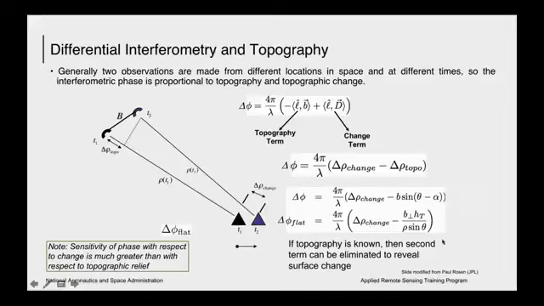And in general, we know what the topography is. So if we look at this equation down here, we can estimate, if we know what the height of the topography is, ht, and we know what the baseline is, we actually have to convert it to what's called the perpendicular baseline. It's just the component of the baseline that's perpendicular to the look direction.